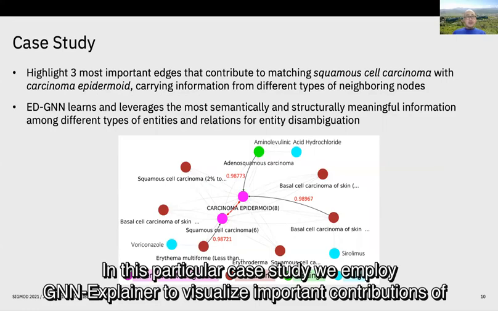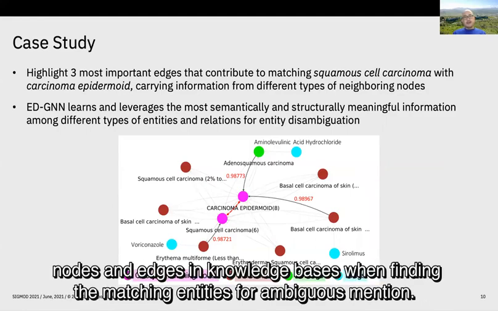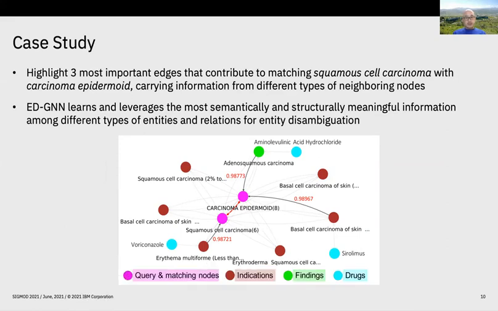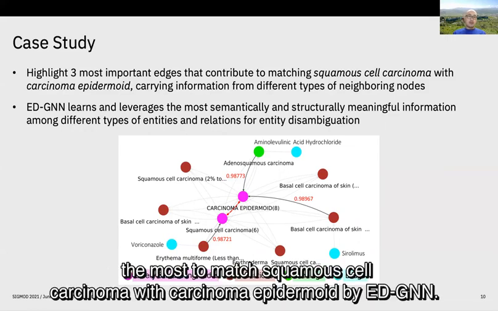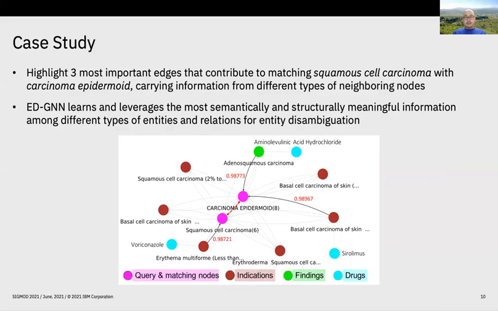In this particular case study, we employed GNNExplainer to visualize the important contributions of nodes and edges in knowledge bases when finding the matching entities for an ambiguous mention. GNNExplainer highlights, in this case, 3 most important edges that contribute the most to match squamous cell carcinoma with carcinoma epidermoid by EDGN.